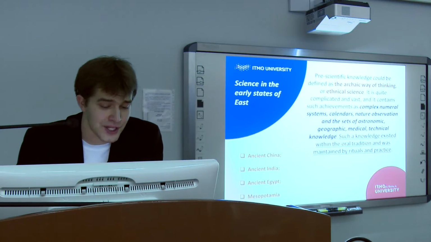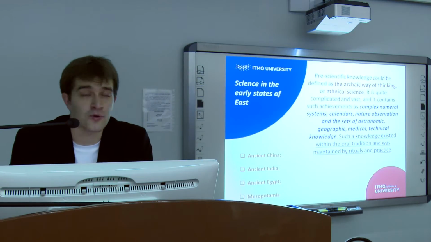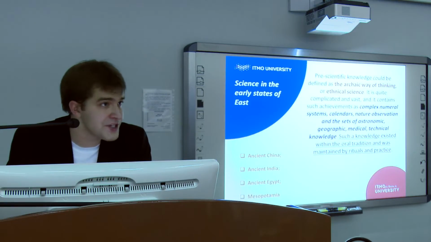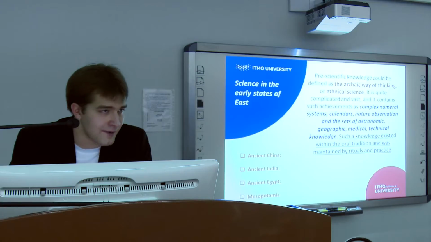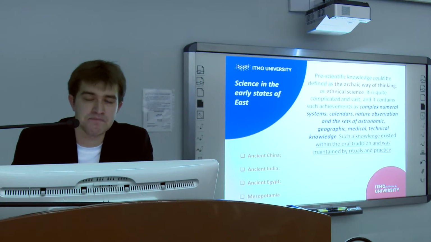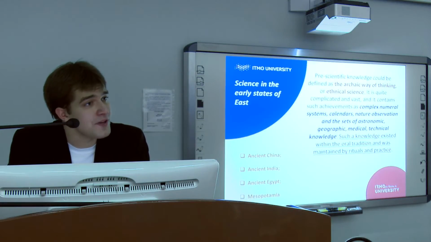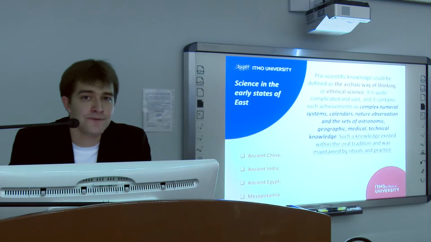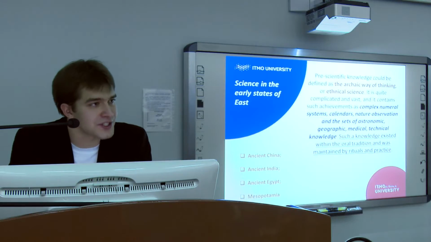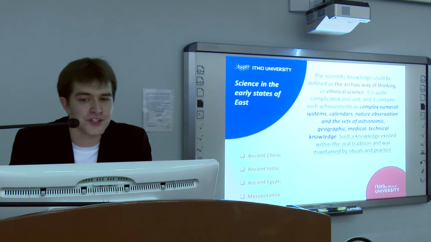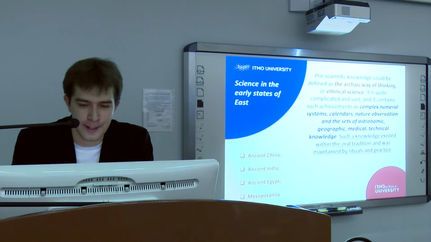For example, ancient Egypt is famous for its medicine, for its surgery. We have to mention the special development and special attitudes to medicine in ancient China, of course, and so forth. So by these consequences, we have the opportunity to give the characteristics of this kind of knowledge and this kind of way of thinking.